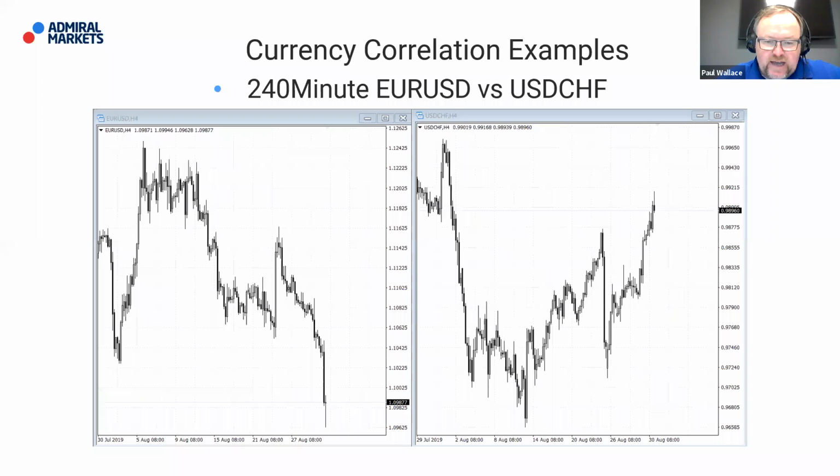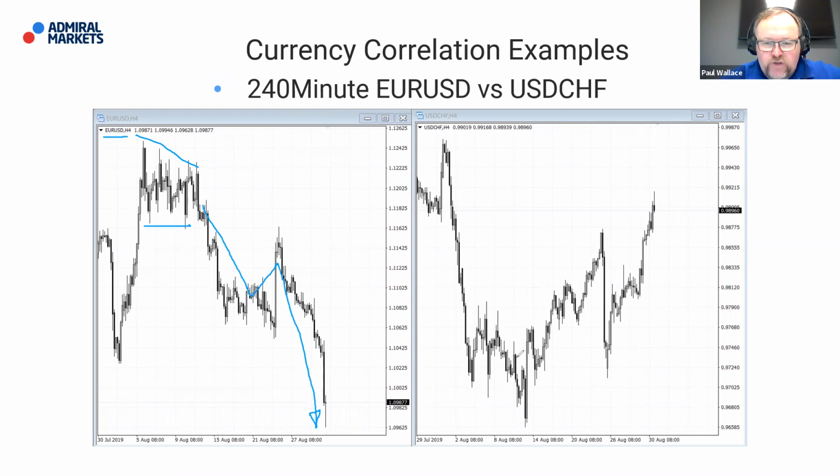So, here's an example, okay? Remember that we talked about how the euro against the US dollar and the dollar against the Swiss franc had an inverse correlation, a negative correlation. Hopefully you can see here that we had a little bit of chop on the euro dollar. This is the 4-hour chart, the euro dollar, okay? Before we saw price move in a nice zigzag down, and that's been a particularly strong drop.